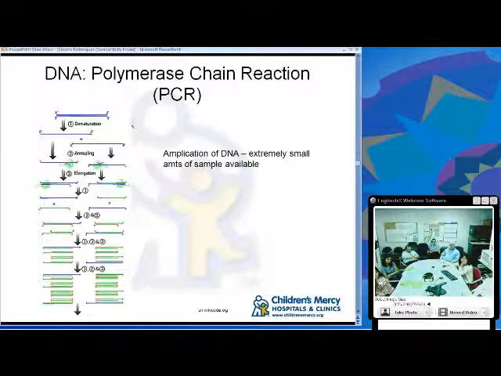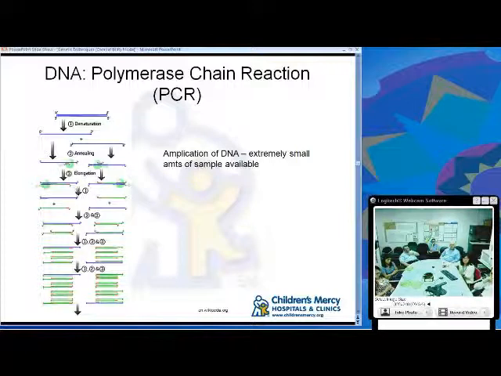Okay. So in addition, we can also amplify the DNA by polymerase chain reaction. And when we do this, we don't have to use as much DNA. So we can use extremely small amounts of the sample. And basically, it's the same kind of theory. You'd have to denature the 2 strands of DNA, and then you add the specific primer that you're interested in.